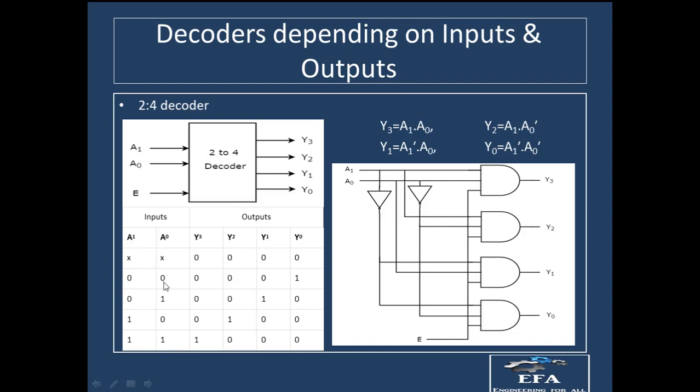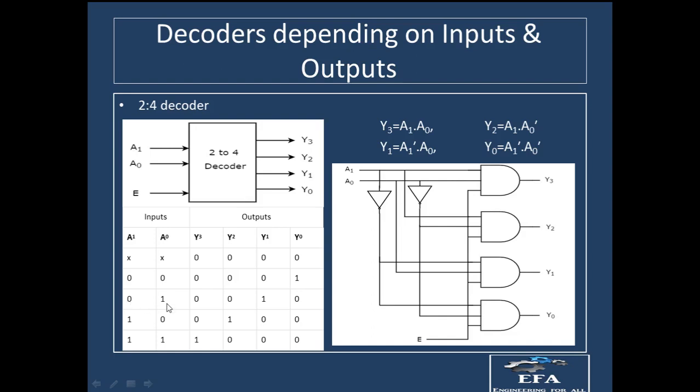If you have 0 and 0 coming from these input lines, and we convert this into decimal, that corresponds to 0 in decimal, and that ultimately corresponds to y naught. Therefore if you have 0 and 0 at the input lines, the information will be carried by only y naught. Rest all the output lines will be 0, that is 0 0 0, and 1 will be over here. After that we have 0 1.